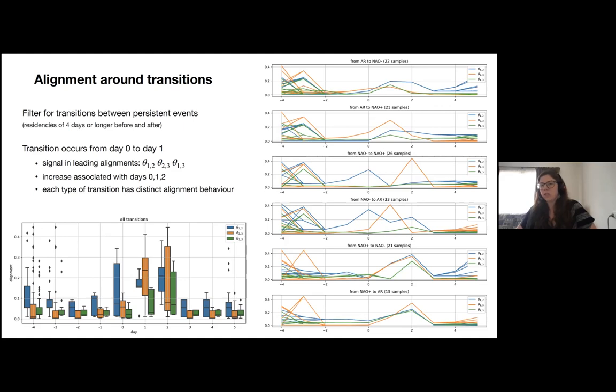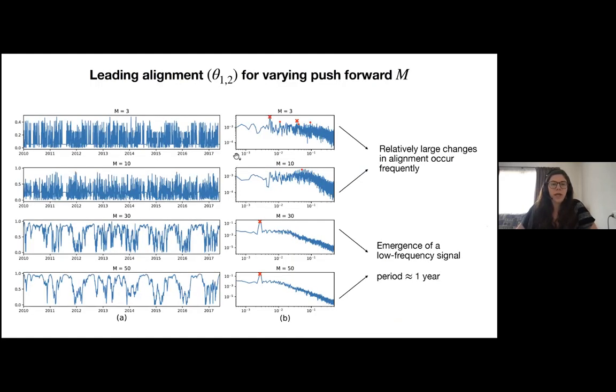An interesting thing here is that it's not all just alignment with the leading vector. You see here that there's some alignment in 2 and 3, which is more prominent, perhaps, in some of these cases than the alignment with the leading vector.